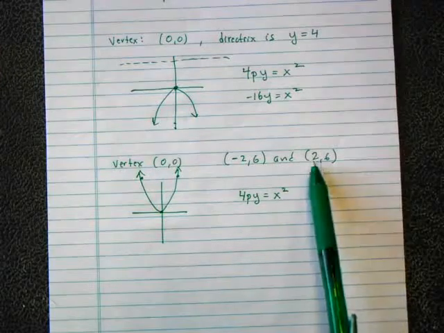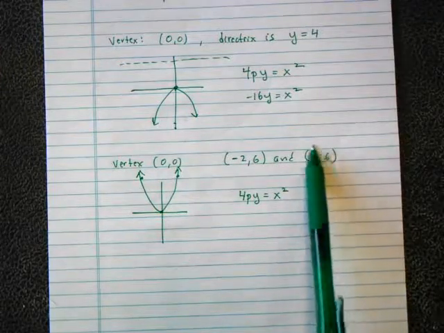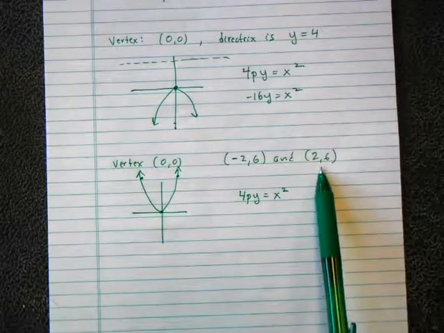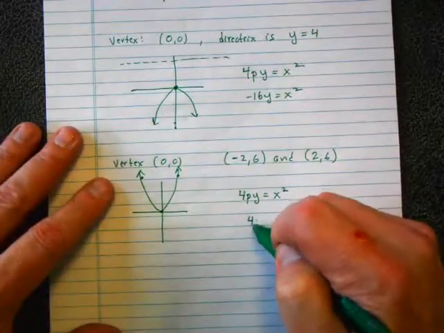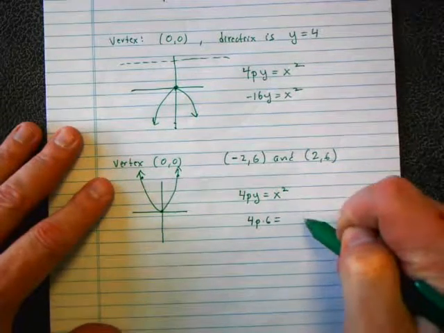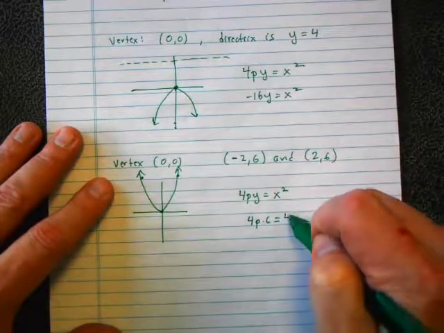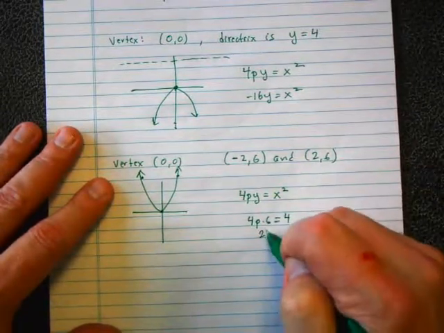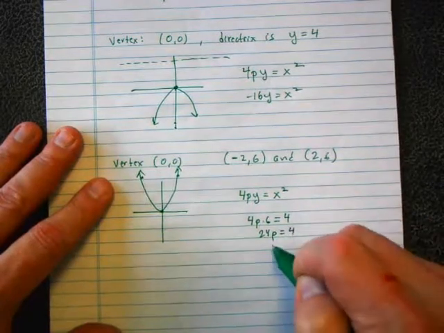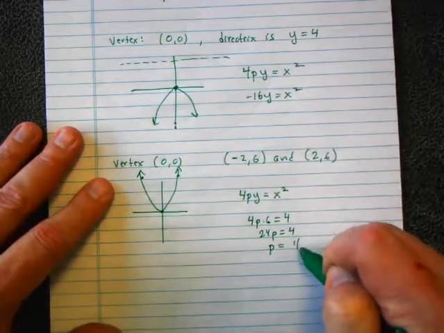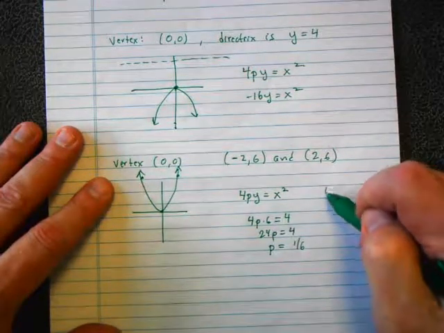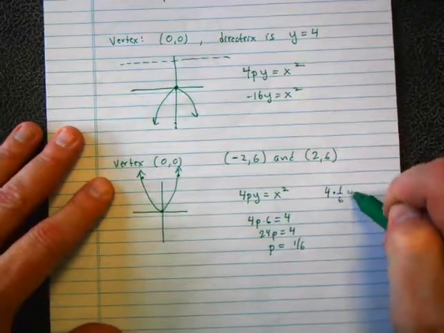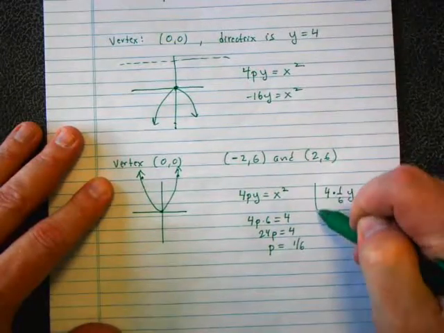To make my life easier, I'm going to use this one that has all positive numbers. I'm just going to plug them in and then the only letter left will be a P. So I'm going to have 4P times 6 equals 4. That's 24. P equals 4. So P is 1/6. So my equation is 4 times 1/6 y equals x squared.